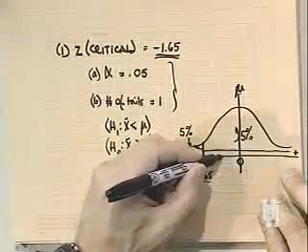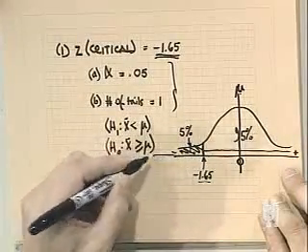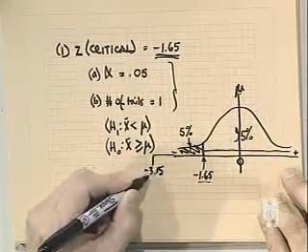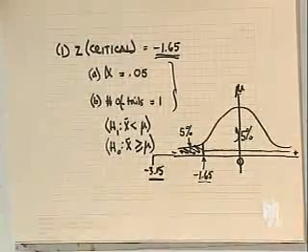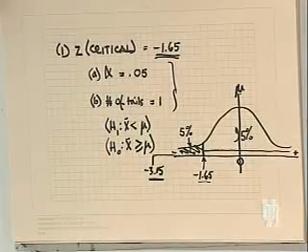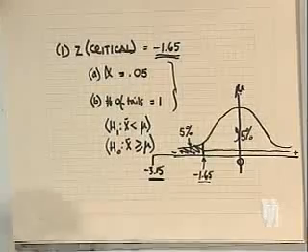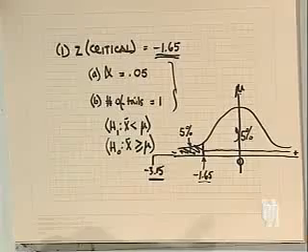So we travel out past 1.65 down to minus 3.15 standard deviations. Do you reject the null hypothesis, or do you fail to reject the null hypothesis?